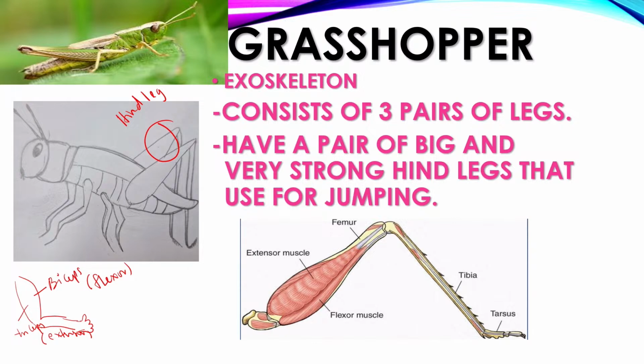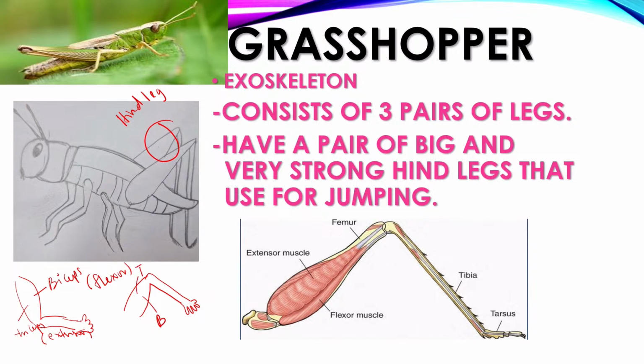So now, you put your hand upside down. When you put your hand upside down, okay, now you can try, you put your hand upside down, like this. Okay, so here will be your biceps, here will be your triceps.